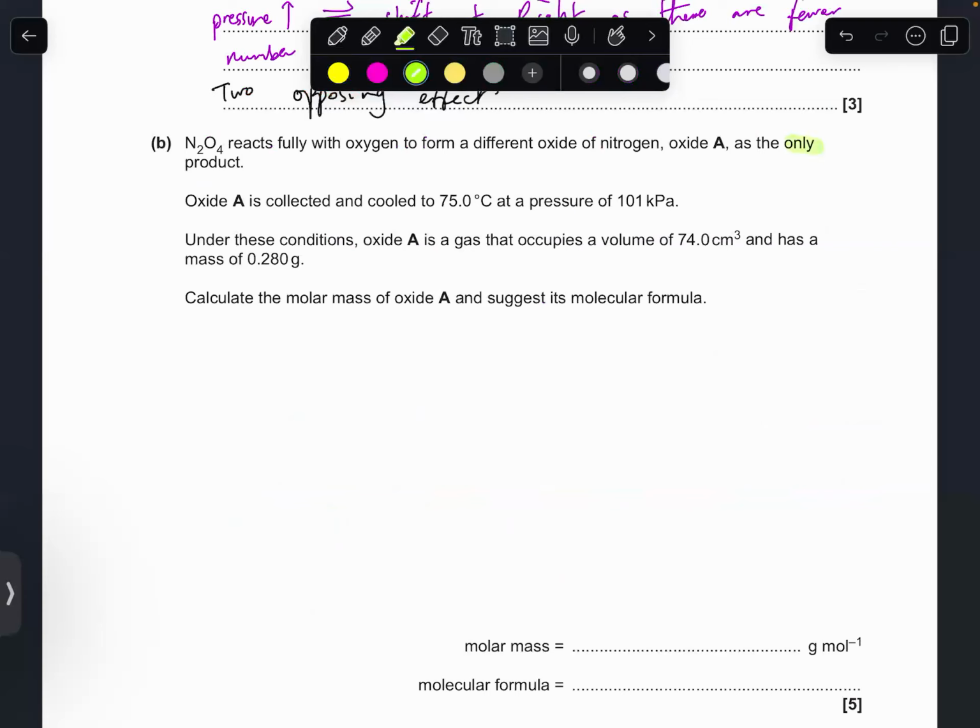Okay, so only one thing is forming. Oxide A is collected and cooled at this temperature, at this pressure. It occupies this much volume, and this is the mass of it. Calculate the molar mass. So here, we're going to use the expression PV equals nRT.